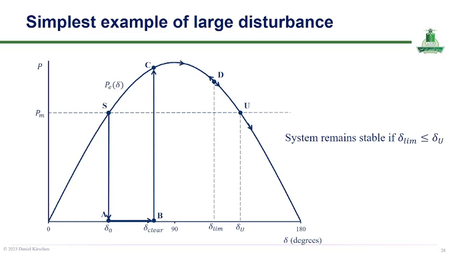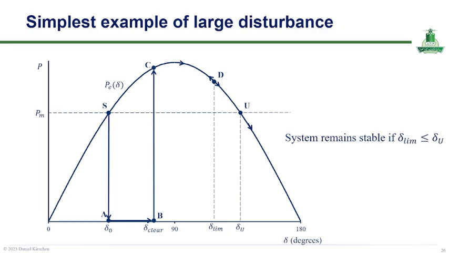Okay, this slide presents the simplest illustration of a large disturbance using the power angle curve. Initially, the system operates at point S where mechanical power equals electrical power.